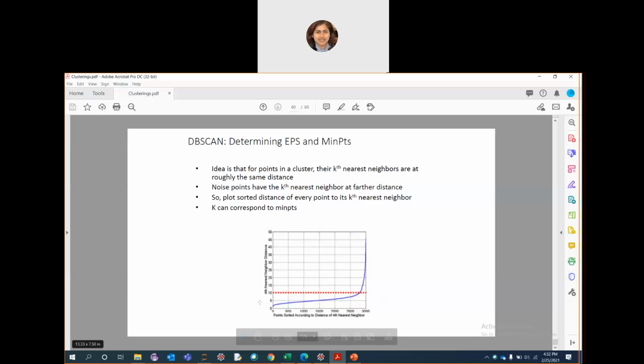Most of the time, when you take your data set and apply this k nearest neighbor approach assuming a k value, you need to see where the maximum curvature is. Based on that you determine what should be your epsilon and what should be your min samples.